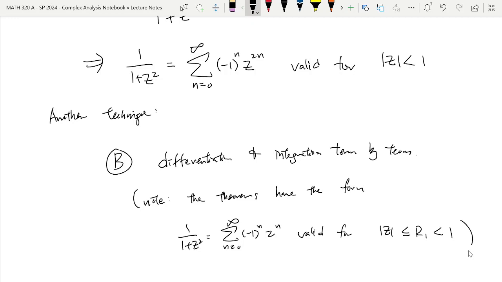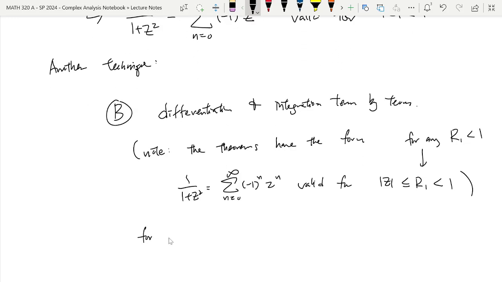But this R1 is for any R1 less than 1. That theorem can be proved. So if you talk about one particular fixed value of z that is inside a unit circle, you can always find a radius R1 that gives you a slightly smaller circle and closing it. So let me write that down.